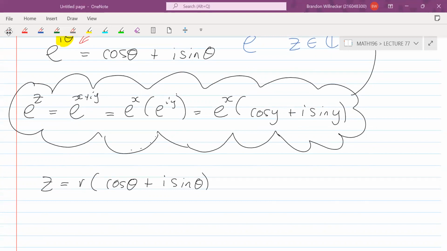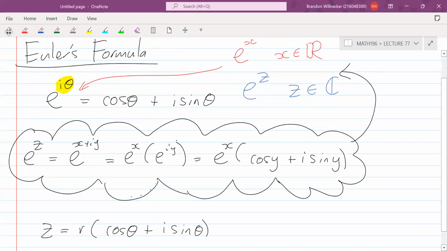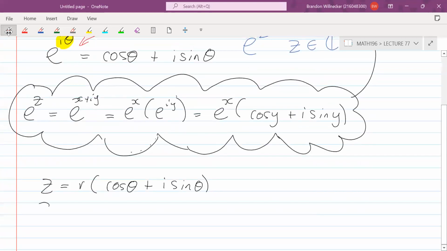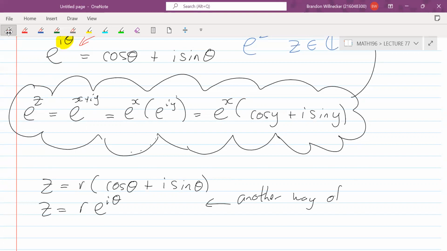But cos theta plus i sin theta is e to the i theta using Euler's formula. So that means z is equal to r e to the i theta. That's just another way of writing the polar form. So let's make a note: another way of writing z in polar form.